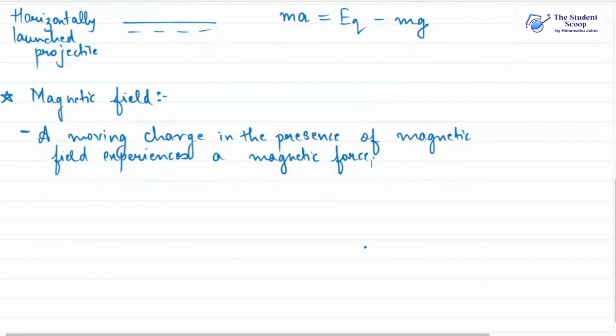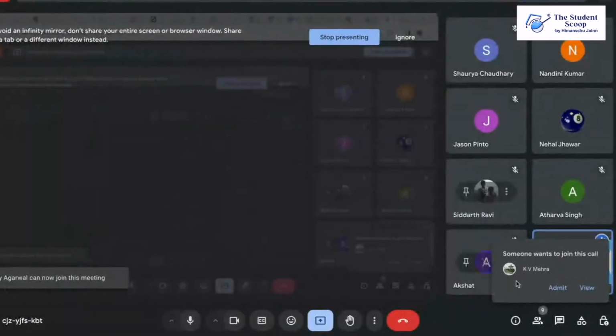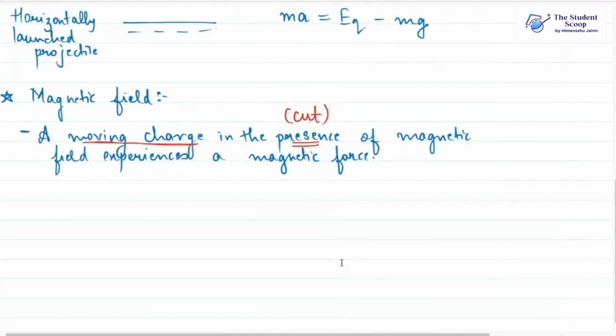If you see this statement here, very important is that the charge must be moving. That's the first important thing. And when we say it's in the presence of magnetic field, presence means it has to cut the magnetic field. That is very important to understand.